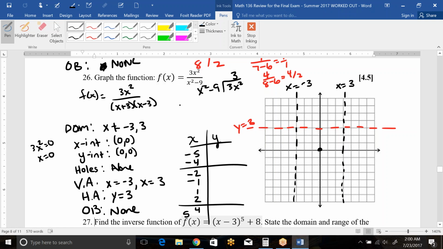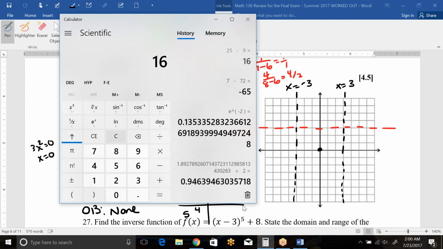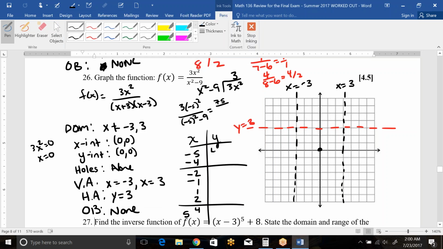Okay, so if we plug these in, 3 times -5 squared over -5 squared minus 9. That's going to be 3 times 25, so that's 75 on top. 25 minus 9. And all we have to get is a decimal approximation here, is 16. So 75 divided by 16 is 4.6875.